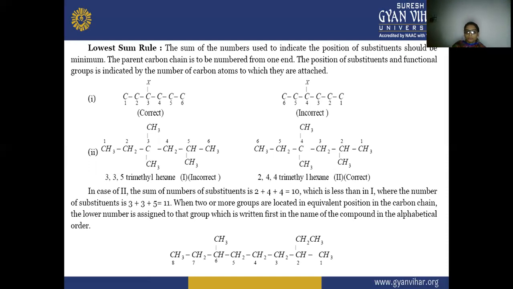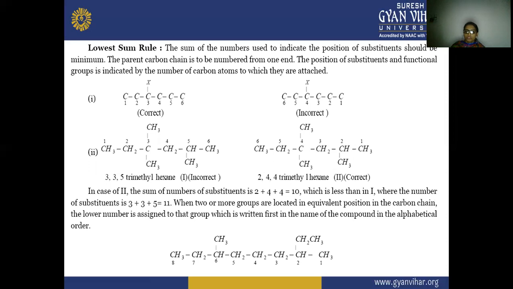So the parent carbon chain is to be numbered from one end to the other end, and the position of the substituents and the functional groups is indicated by the number of carbon atoms to which they are attached.